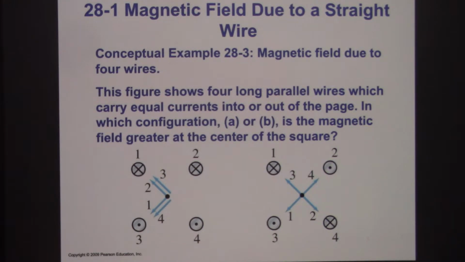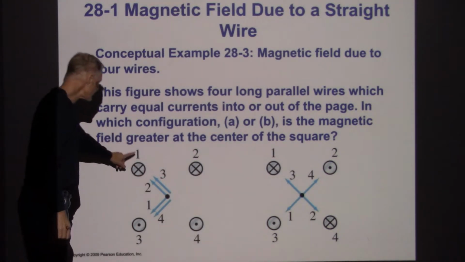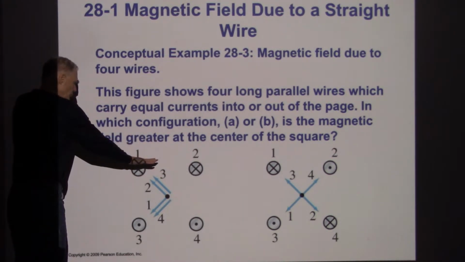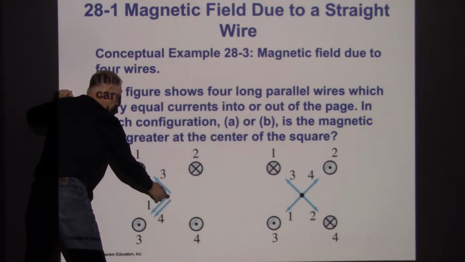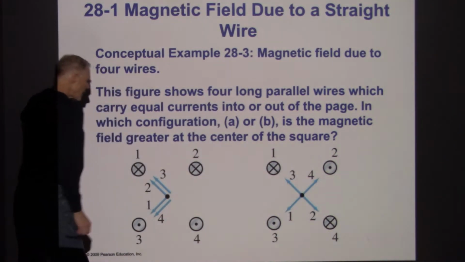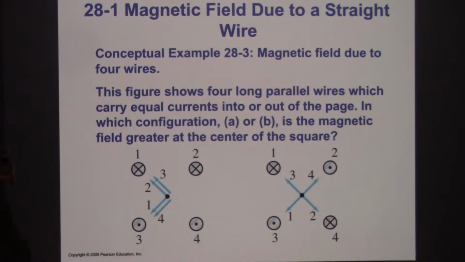How are we going to get the magnetic field to be larger at the center of the square? So let's see. In this example, since I'm going into the page and I'm using right-handed loops, at that point my right-handed loop is going to give me a magnetic field in that direction. The magnetic field is going to be tangent to a circle that I've drawn around that current.